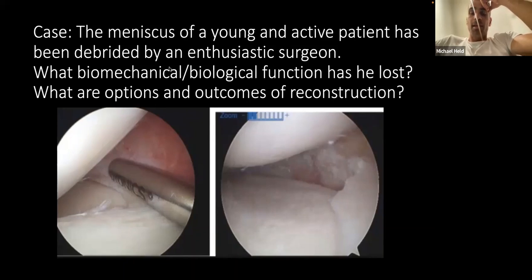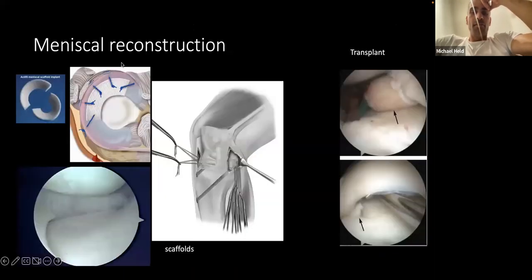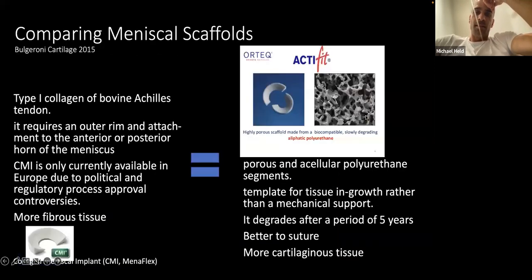But this patient here has got a good rim, and therefore some people would argue that you should have some form of patch available for him. I'm going to show you these patches just now, and then the transplant a bit later on. It's a bigger surgery than these patches.